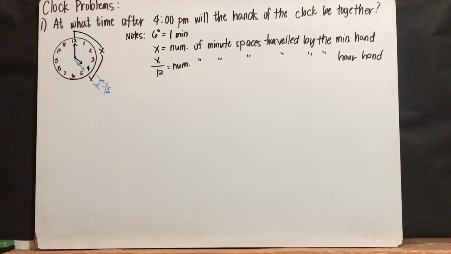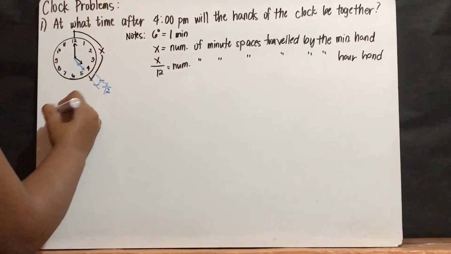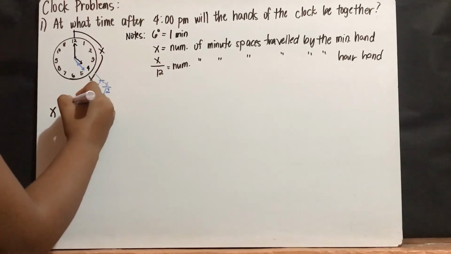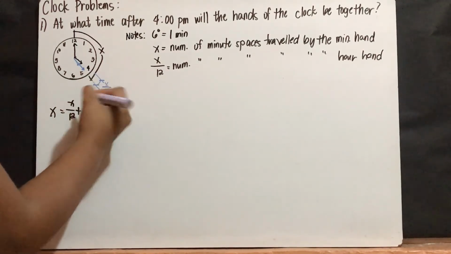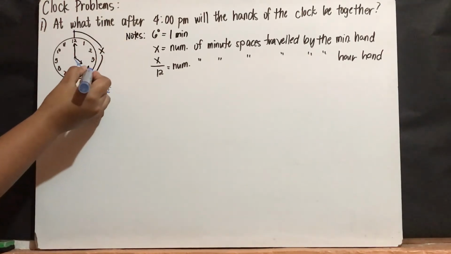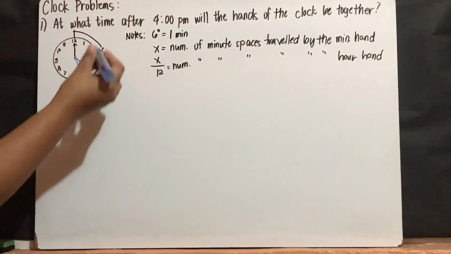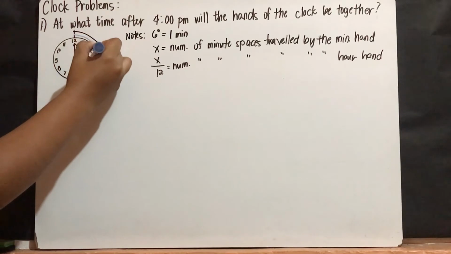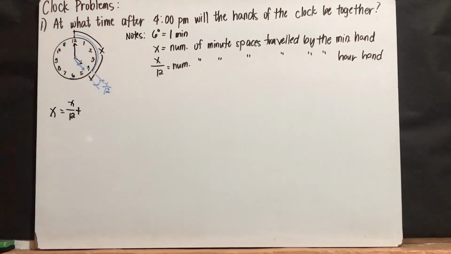Now, we are going to solve for x for the number of minutes traveled by the minute hand. So, this is x, and then x over 12 plus ito, from here to here, ilang minutes to? That is equal to 20 minutes.